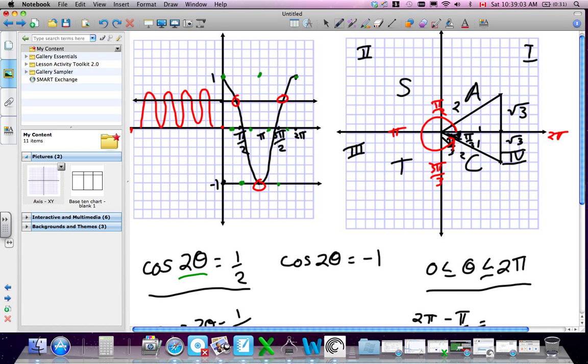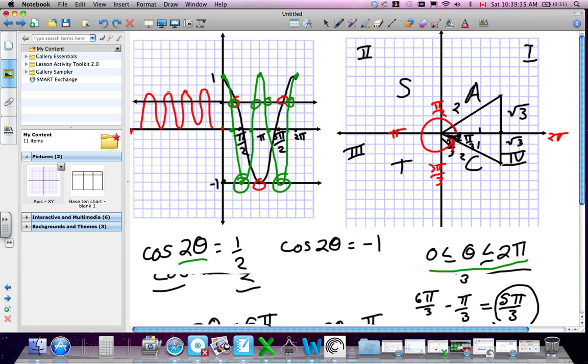So just like I drew on this red one over here, instead of having one solid wave, because it was 2 theta, this wave's period had shrunk, so one period exists within pi, but they want us to solve all the solutions within 2 pi. So in other words, it goes down again, comes up again. So now if you notice, we have 1, 2, 3, 4, 5, 6 solutions because the period of this function changed.